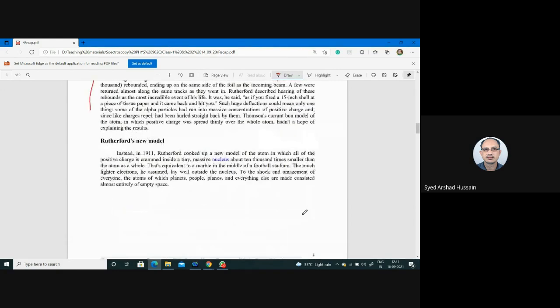or property of the atom. What he said is that inside the atom, the positive charge is concentrated in a very small part within the atom.